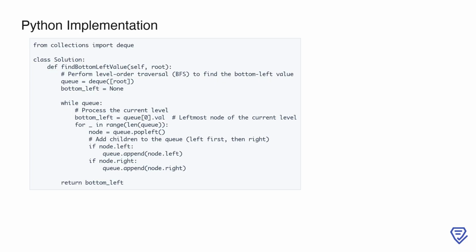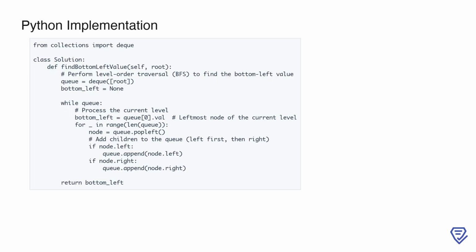The main logic resides in the while loop, which iterates as long as there are nodes in the queue. At the start of each level, we assign the value of the queue's first node, q[0].val, to bottom_left. This ensures that the first node processed at every level is recorded as the leftmost node. We then iterate through all nodes at the current level, using for and range(len(q)), and remove them from the queue using popleft.